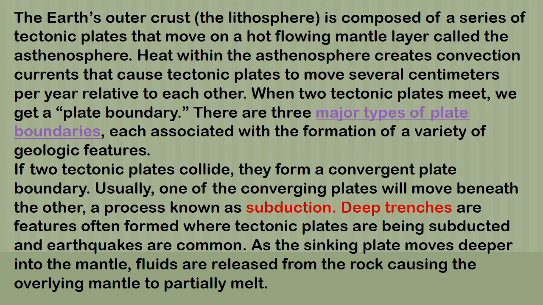Per year relative to each other, when two tectonic plates meet, we get a plate boundary. There are three major types of plate boundaries, each associated with the formation of a variety of geologic features. If two tectonic plates collide, they form a convergent plate boundary. Usually one of the converging plates will move beneath the other, a process known as subduction.